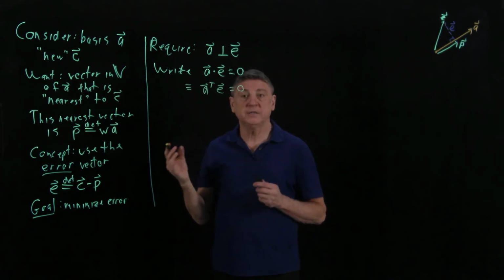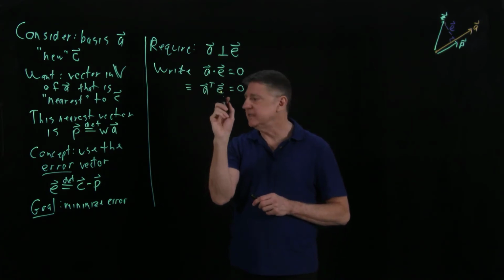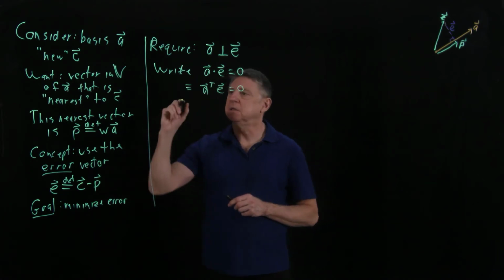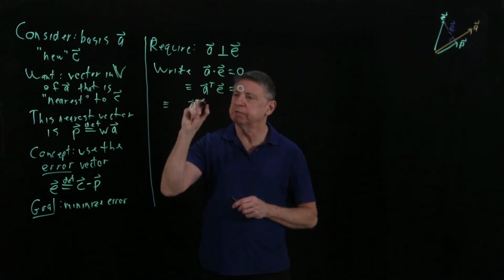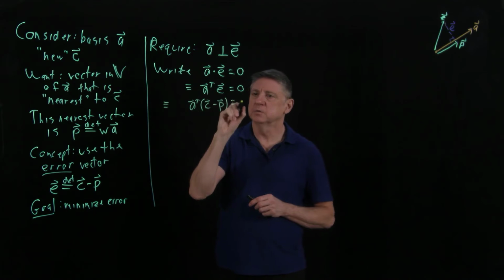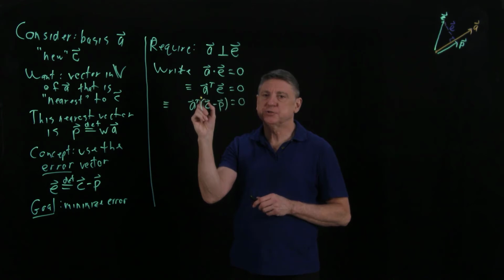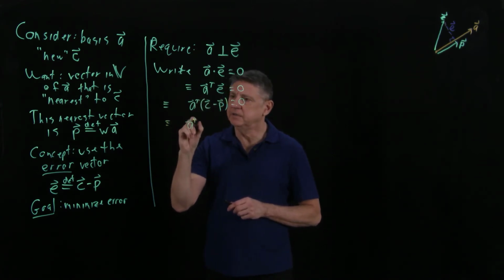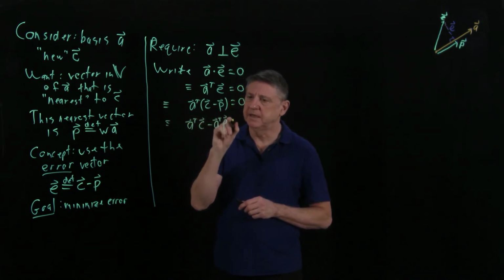Well, where does that get us? Let's substitute. What is E? E is defined as C minus P. So that has to be equivalent to A transpose times C minus P equals 0. And I could then distribute this, so that's equivalent to saying A transpose C minus A transpose P has to be 0.